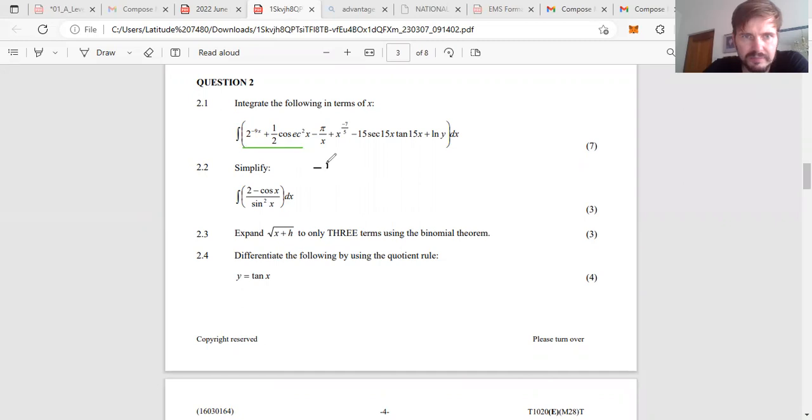So minus pi over x, plus x to the minus 7 over 5, minus 15 sec 15x tan 15x, plus ln y.